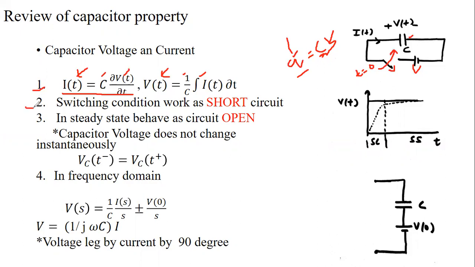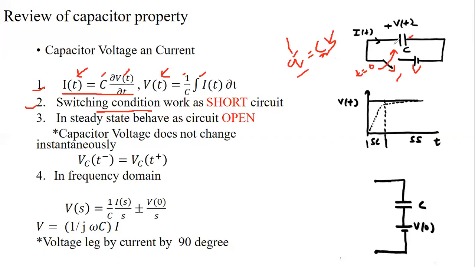Now we are discussing the switching condition. What is the sense of switching conditions? Switching conditions means we are changing the position of the switch in the circuit. So see here, we have moved this switch to connect to the circuit. Voltage is established across the capacitor and it will store the charge.